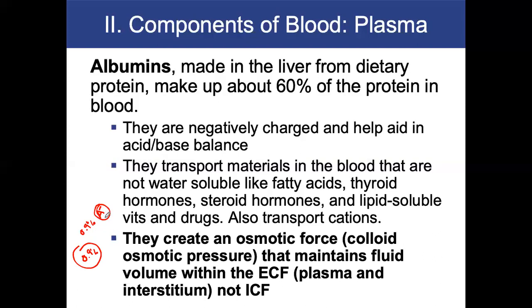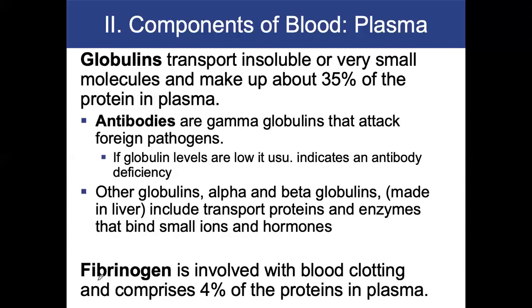Okay, so they're large plasma proteins. They're going to maintain the concentration of 0.9% in the plasma. So that fluid stays inside the plasma in the interstitium. The cell is actually going to regulate 0.9% inside that cell, intracellularly. Okay, good.